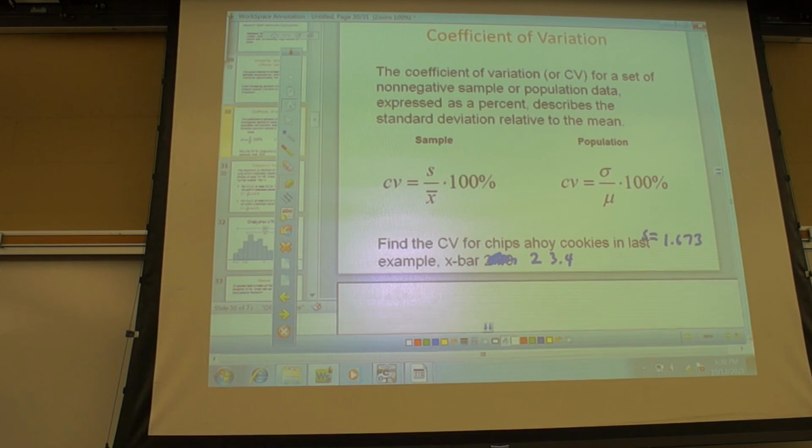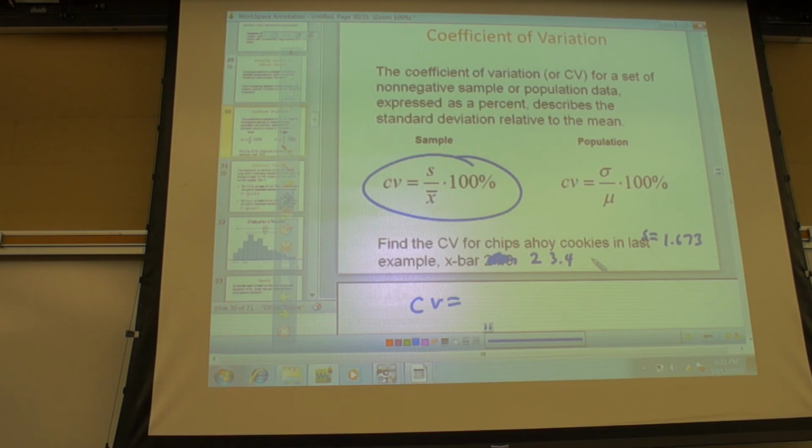Find your critical value. The formula is right above, right here. Use it, find it. Find the critical value. Now I'm doing this one.